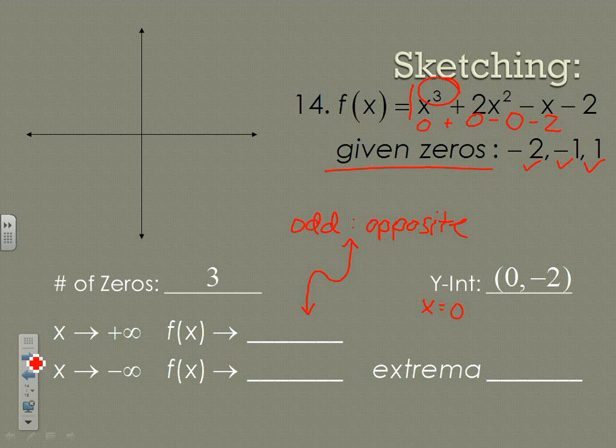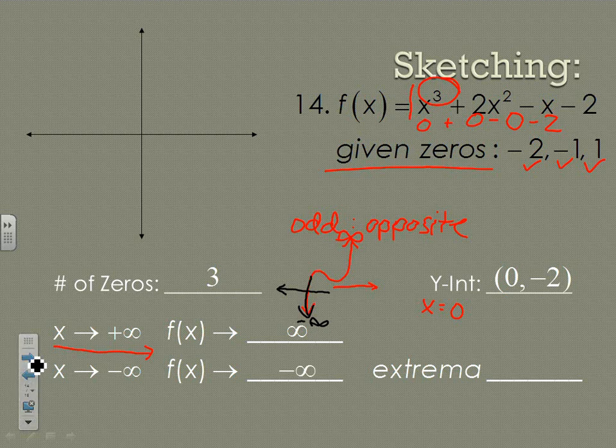So as my x approaches positive infinity, as my x's go out to the right, my graph is going to positive infinity. As my x's go to the left, my graph is falling down, and it's going towards negative infinity.